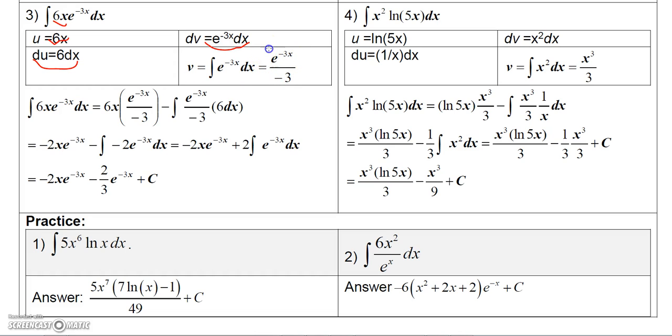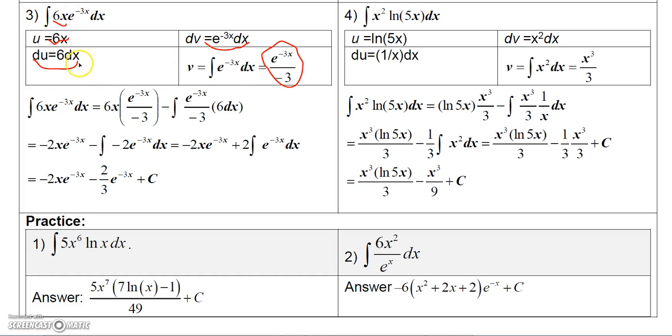You can evaluate this if you need to using a u substitution, but I actually give my students a little formula on this. If you integrate e to the ax, like I have here, then you always get e to the ax divided by a. So if I integrate e to the negative 3x, you get e to the negative 3x divided by negative 3.